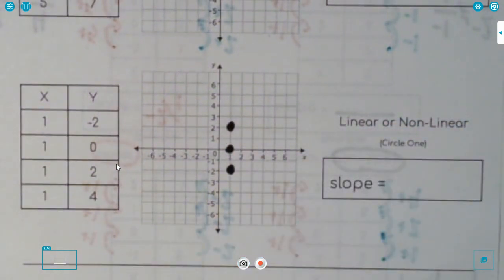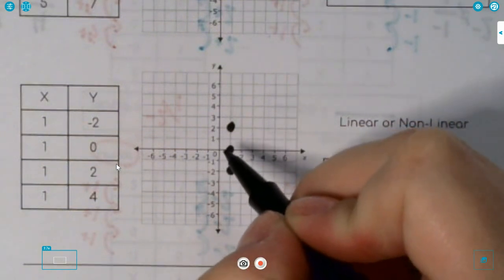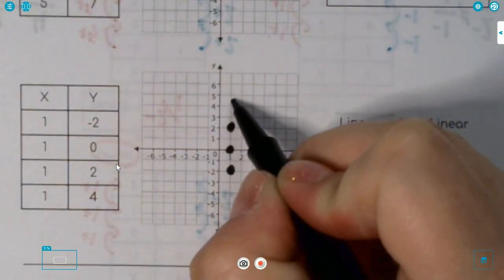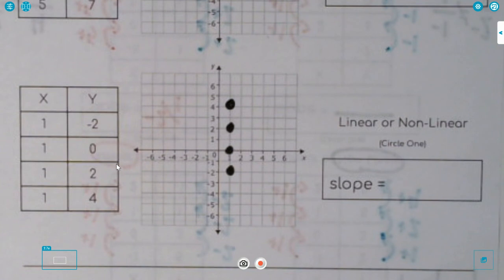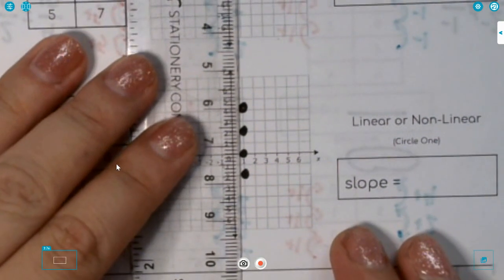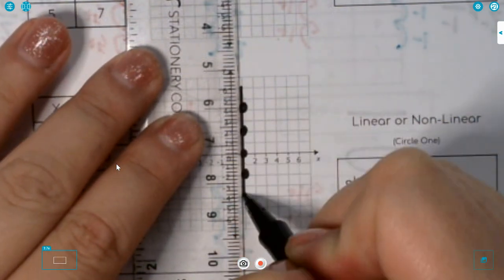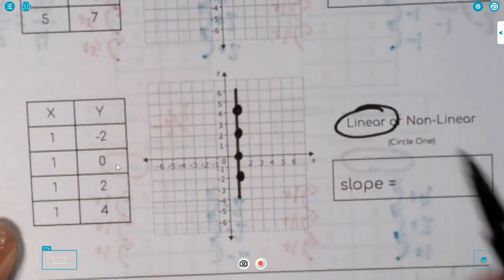And 1, 4. Right 1, up 4. Do these guys make a straight line? Yes. So if I'm able to lay a ruler down and connect them, then yes, they are linear.